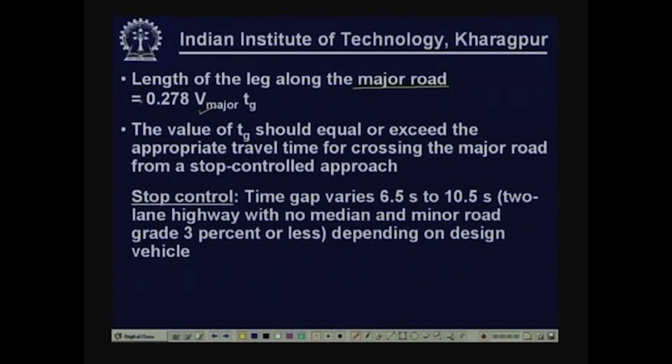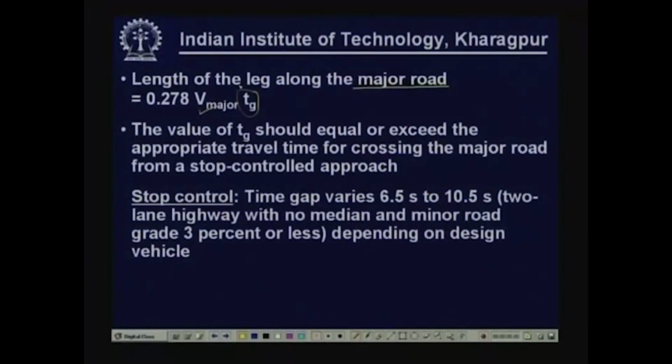Here 0.278 is the normal conversion factor, because we are using V in terms of kilometer per hour. The Tg value, in the previous page we have seen how Tg can be calculated. So, once this total time gap is known, the required length based on the design speed of the major road can be calculated.